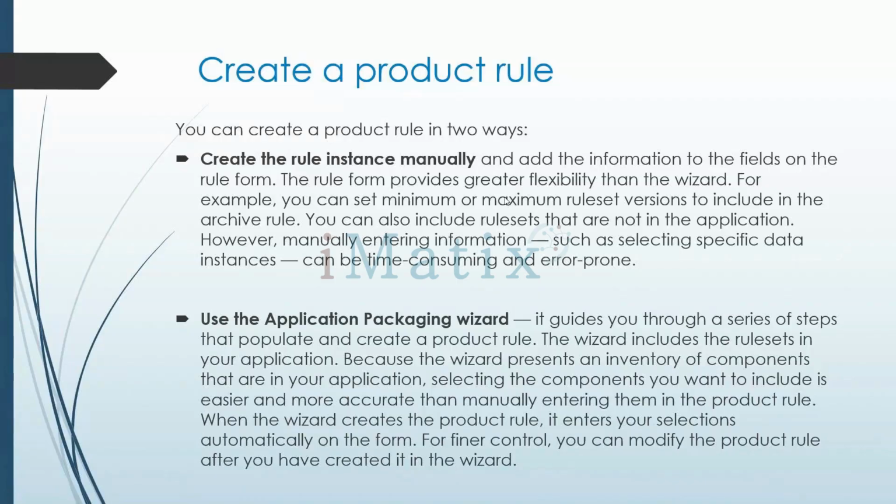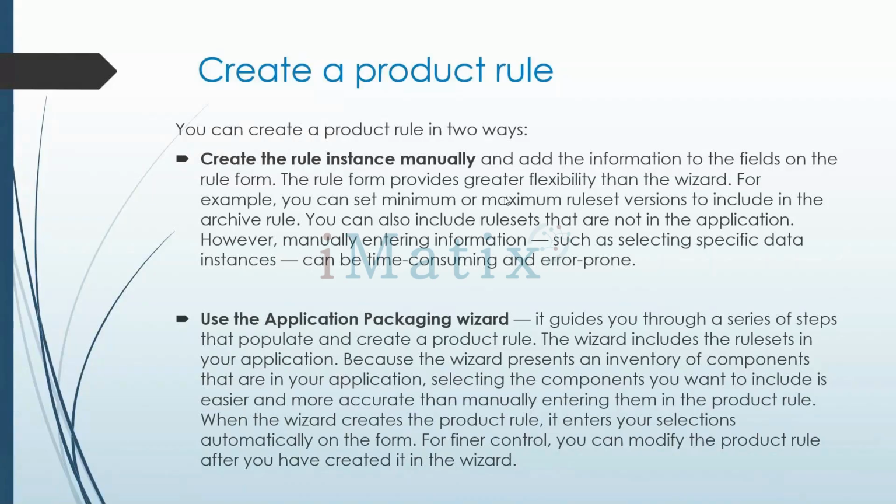Yes, sometimes we may miss out a few rules. Exactly. When you're considering an entire application, you might miss a few rules. We might forget to add a few rules, and if those rules are really important, the application might not work at all. Yes, it is prone to errors when we create the product rule manually.